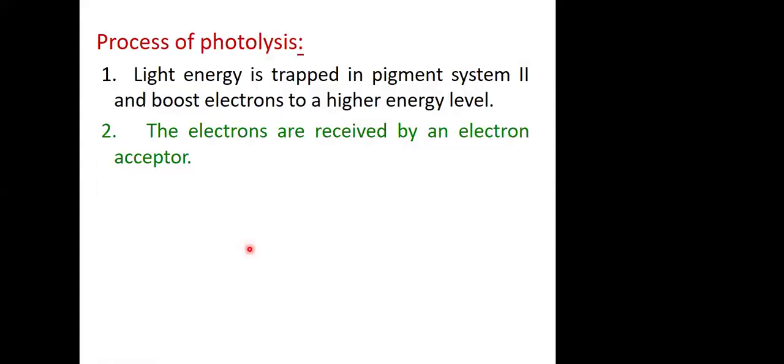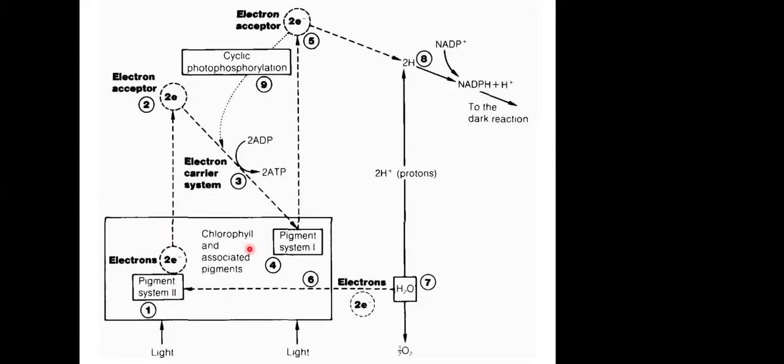Then we go to step 3, because these are my steps. This is step 1, step 2, step 3, then step 4, and we have step 5, step 6, step 7, step 8, and step 9.